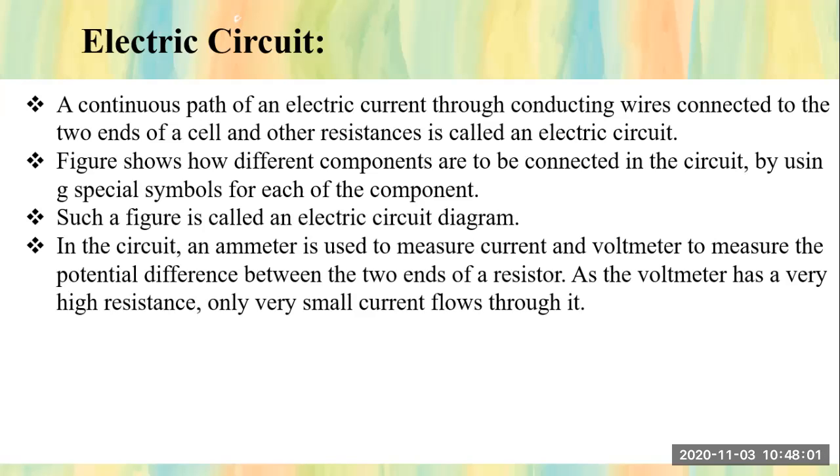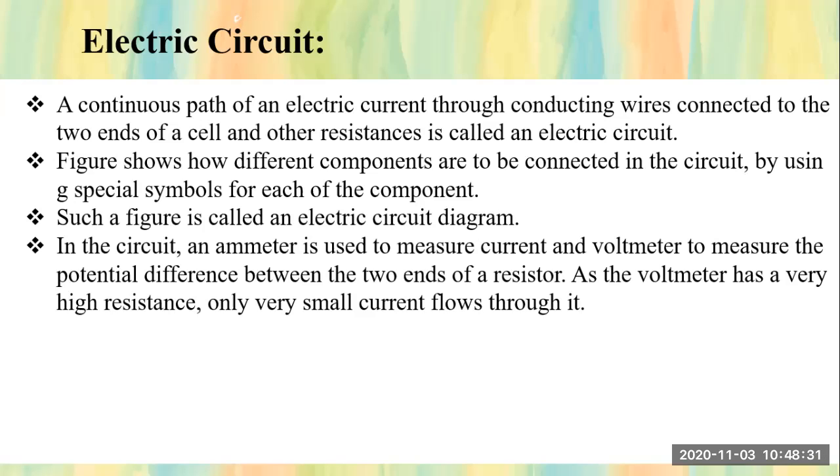The diagrams which are drawn with the help of the special symbols of each component are called electric circuit diagrams. See, mark my words, students. In electric circuit diagrams, symbols of the components are used. We don't draw the whole figure of that component. We just draw the symbol of that component.